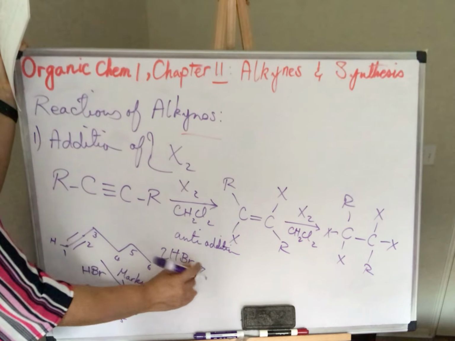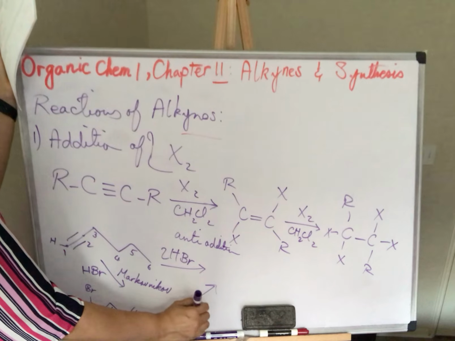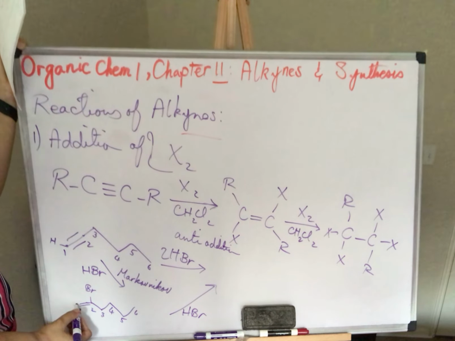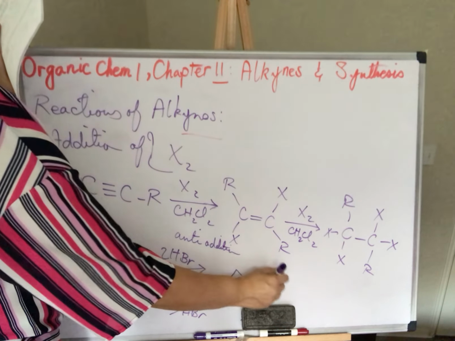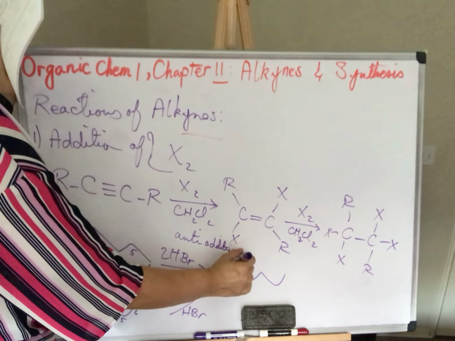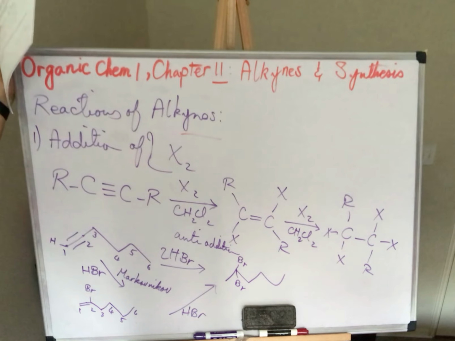Now the second HBr. This is the hydrogen-rich carbon, so we will have 1, 2, 3, 4, 5, and 6. So we have 2 bromines on the same carbon. Okay?